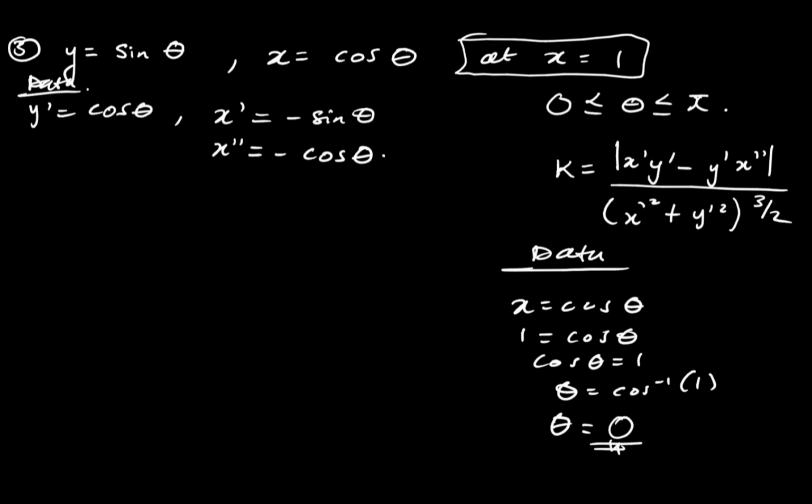So always, to find theta, look at the condition given. At times they might even give you y. They could say, for instance, y is equal to 2, or maybe 0.5. If it wasn't x is equal to 1, rather y is equal to 0.5, all I've done is use the function y equal to sine theta.